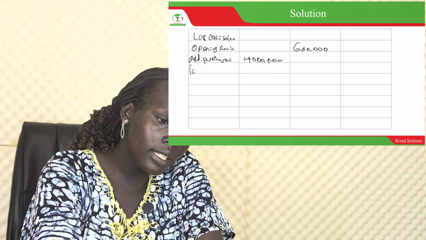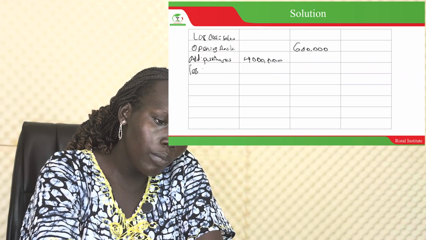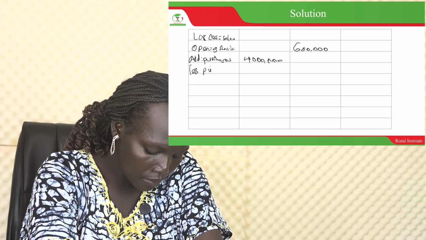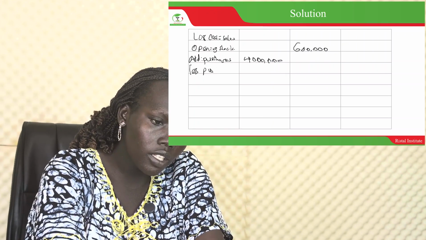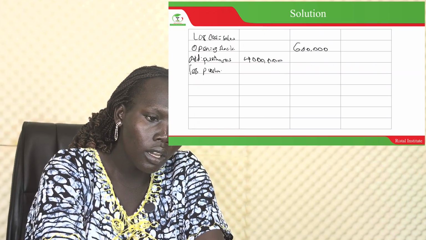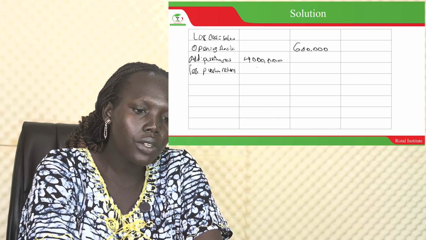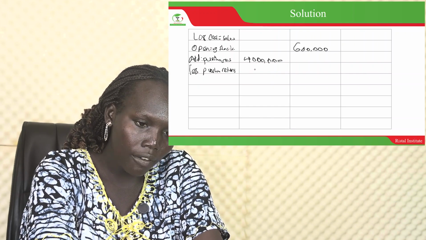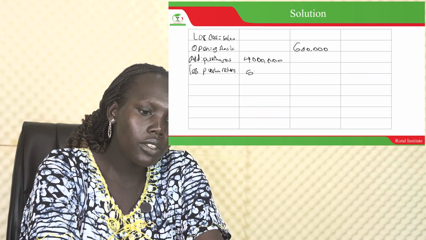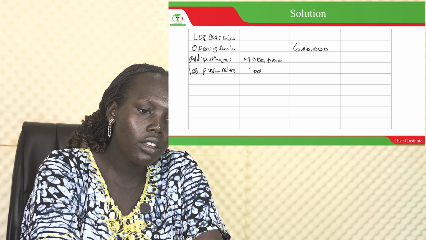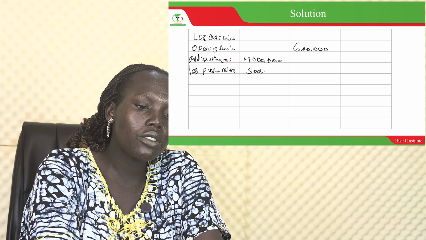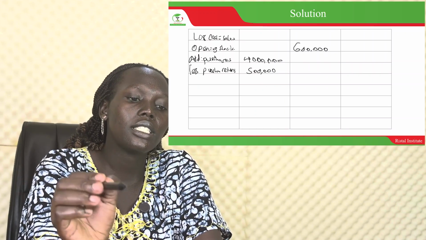So we less purchase returns, which was 500,000.